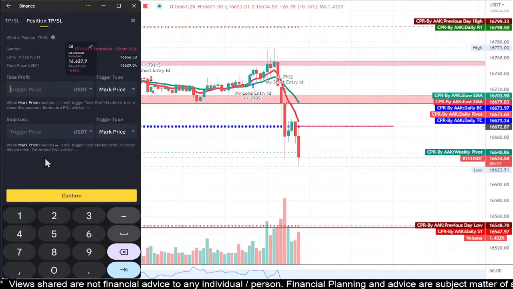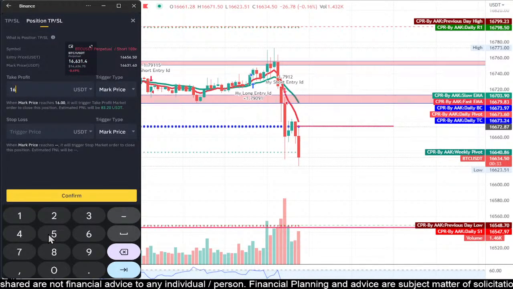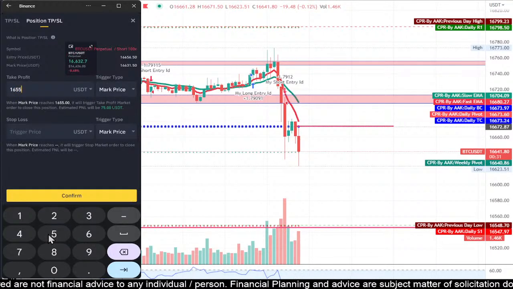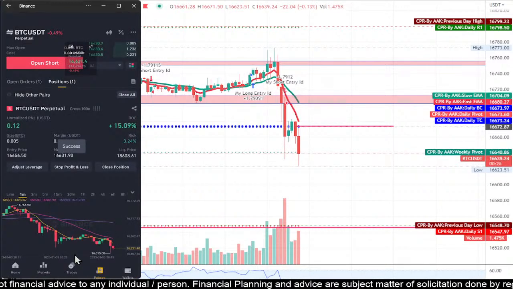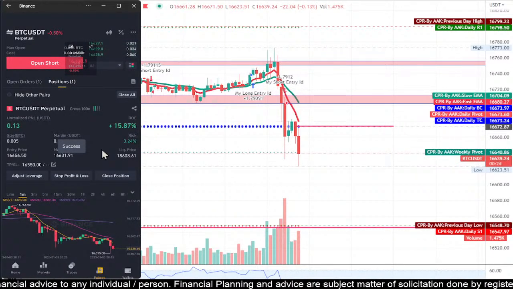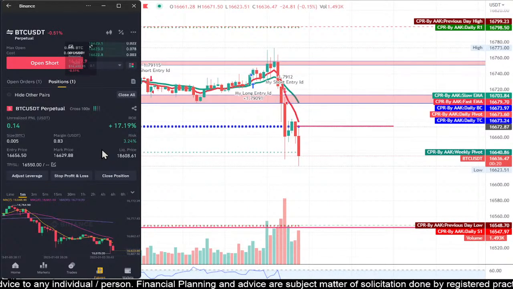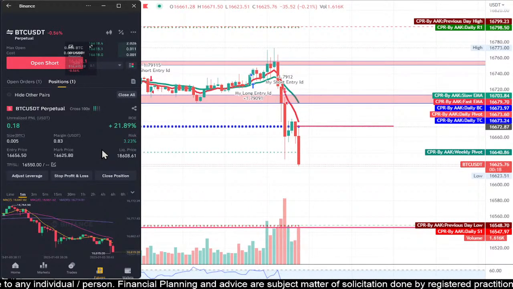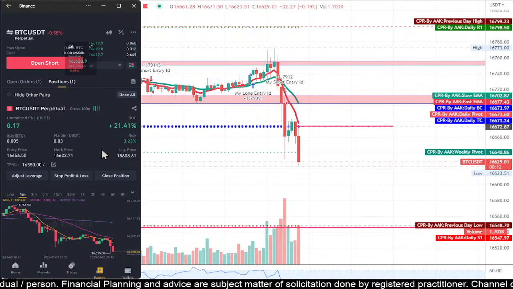So 548, let's set it at 16,550. The moment price breaches 16,550, that is, the moment price goes to 16,549, we would be booking the profit and moving out of this particular trade.